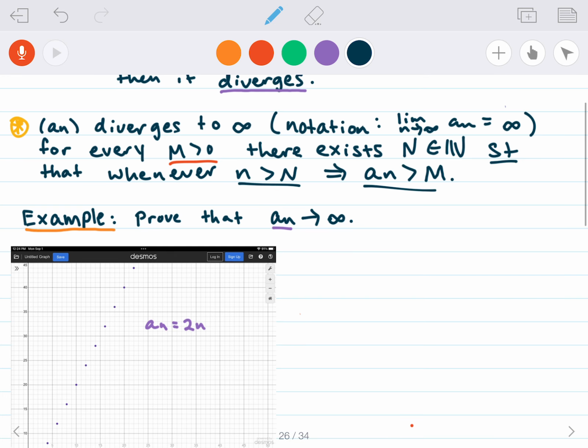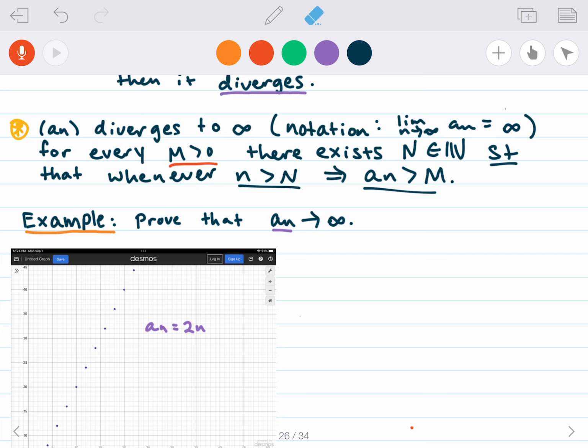Intuitively, that means you can always find something in your sequence bigger than any positive real number. So if I give you 200 million, I can always find something in my sequence bigger than that, okay?